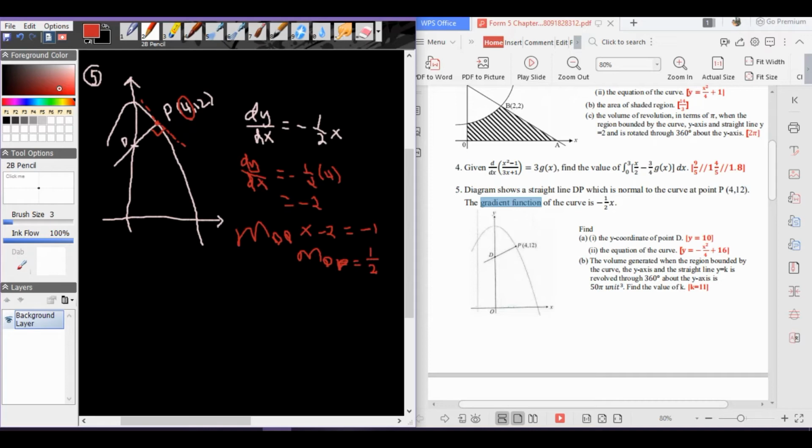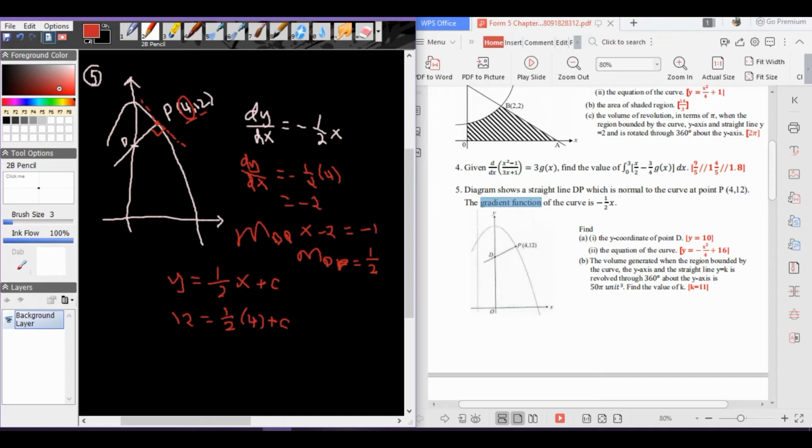Now we can form the equation of this line DP. We will have y equals to 1 over 2x plus c. To find the value of c, you just need to substitute the coordinate of P. So you will have 12 equals to 1 over 2 times 4 plus c.